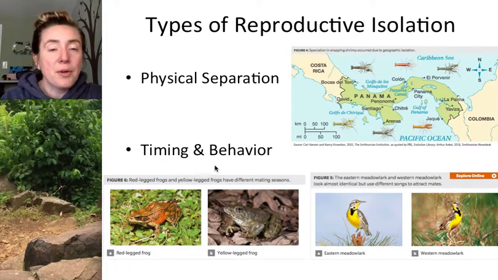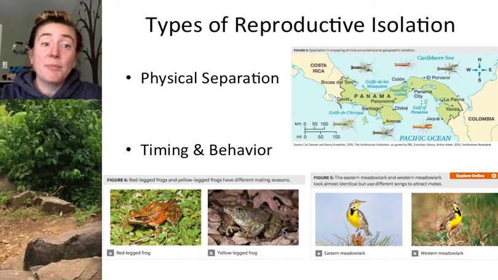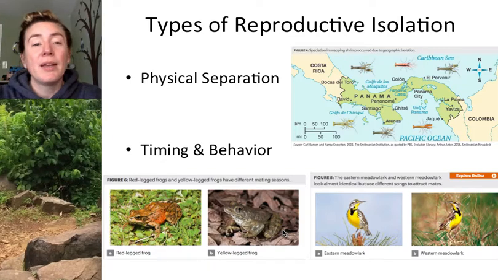Or the temporal, where you have different time events of their mating patterns. So if we think about maybe some sounds right now, you might have some toads, maybe frogs, starting their chorus for their mating song. But here we have the red-legged frog and the yellow-legged frog, and they're going to mate in different seasons, so spring versus fall. So if they're not mating at the same time, they cannot mate to create fertile offspring.